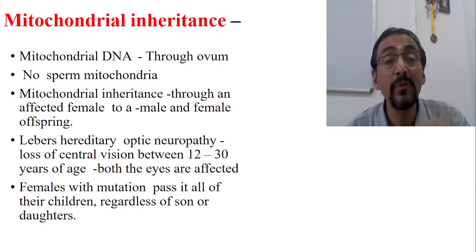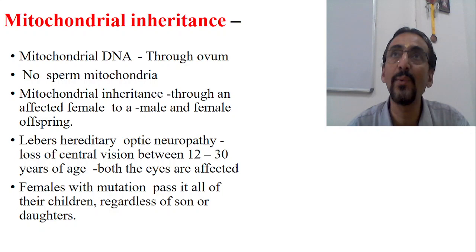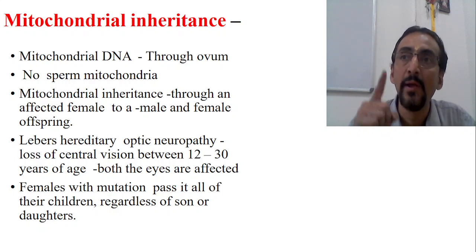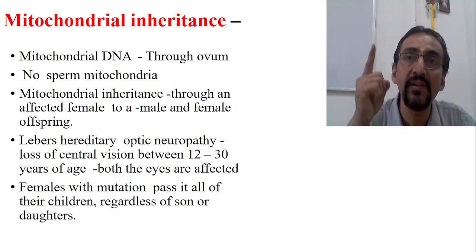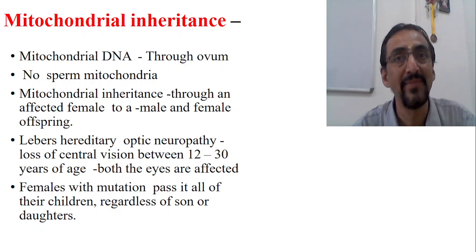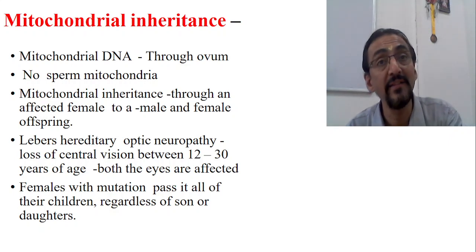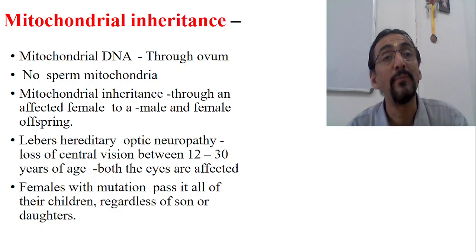But the ovum's mitochondria are intact. So in mitochondrial inheritance, always and always, it is the mother who transmits this to the kids, irrespective of male and female. If that particular inheritance is there, it is from the mother's side only.